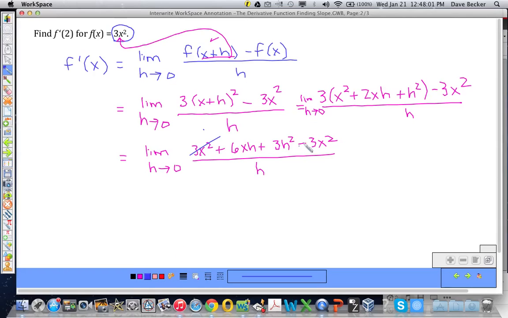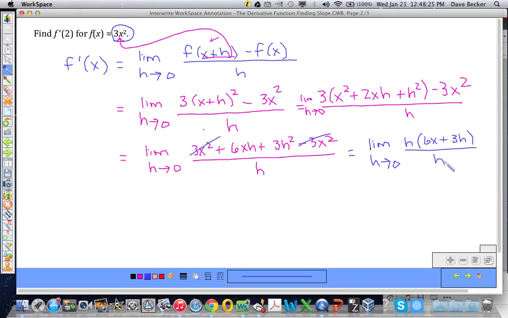The 3x squareds go away, and so now I have the limit as h approaches 0 of, what do I have left? 6xh plus 3h squared. So that means I can factor out an h times 6x plus 3h all over h.